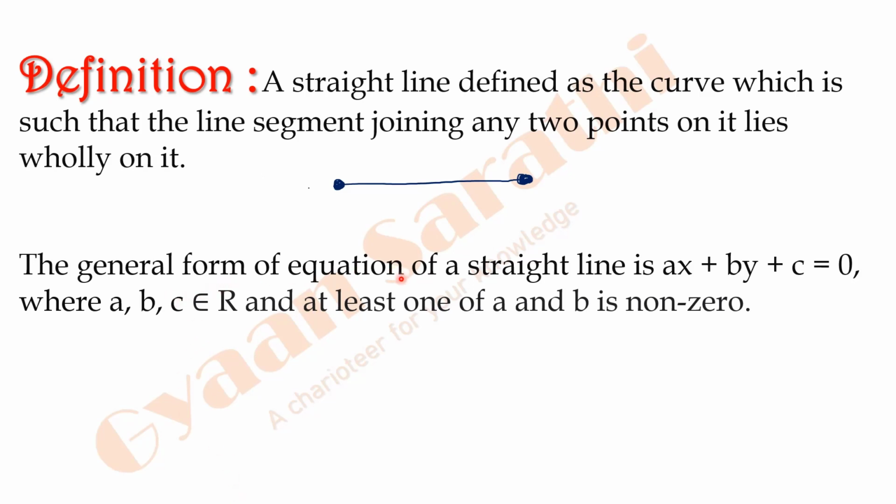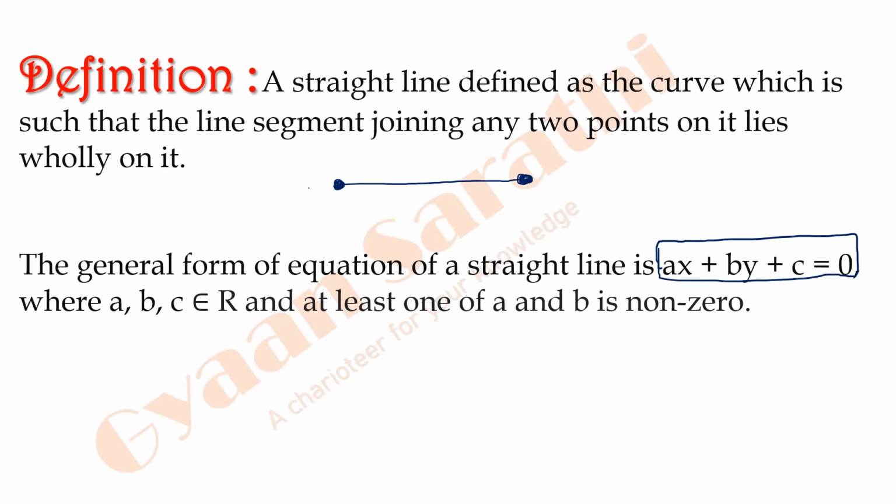The general form of the equation of a straight line is ax plus by plus c equals 0. Okay, so this is the general equation of the straight line. In this one, a, b and c belong to R, and at least one of a and b should be non-zero.